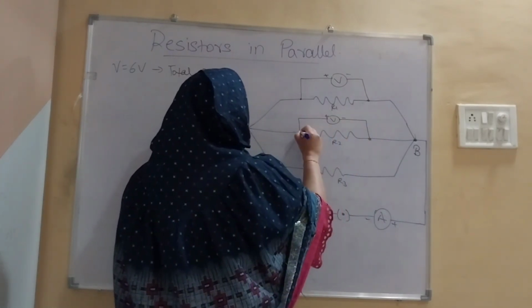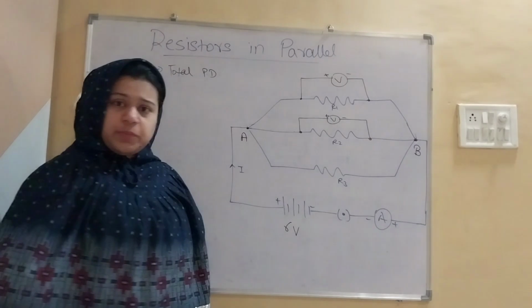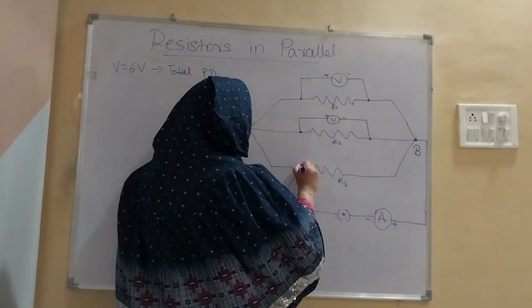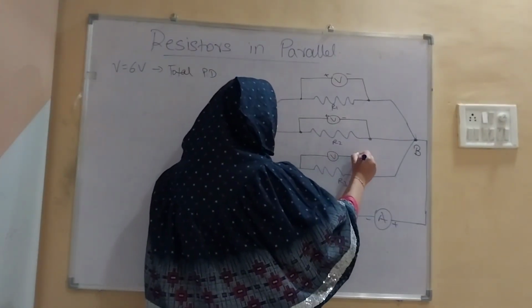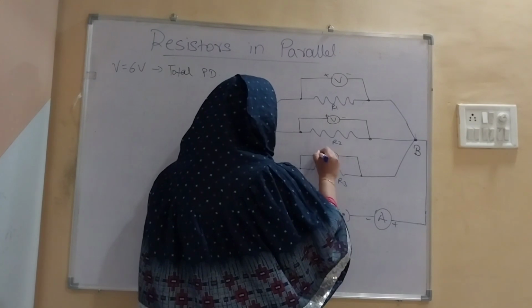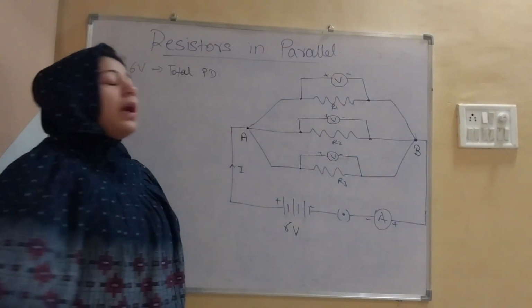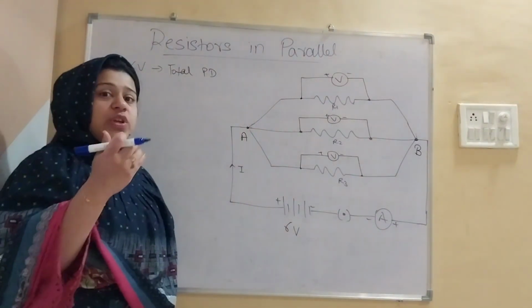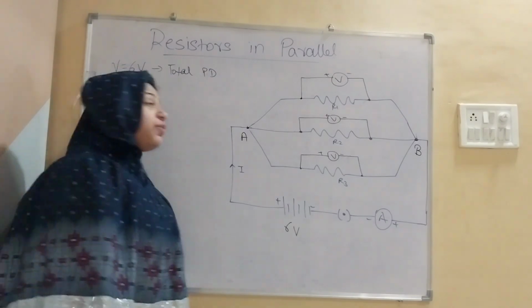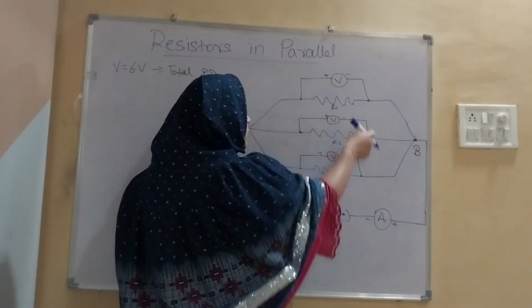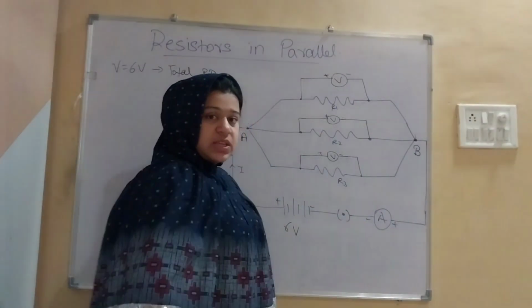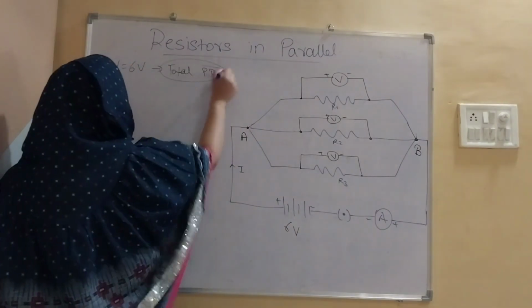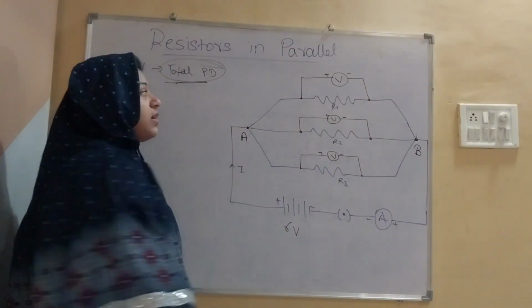ठीक है, पहले हमने टोटल में वोल्टमीटर लगाया, अब हम इंडिविजुअली वोल्टमीटर को हर एक रेजिस्टर के ऊपर अटैच कर रहे हैं. When we apply the voltmeter individually to each of the resistors, we find that the potential difference in all three cases is equal to the total potential difference.